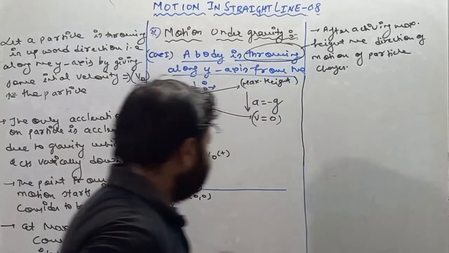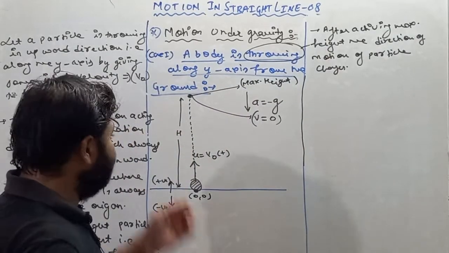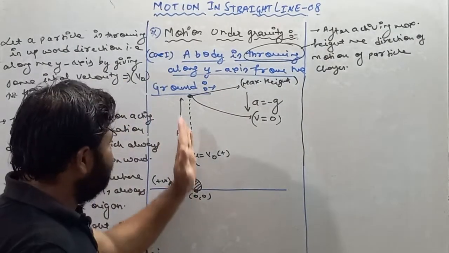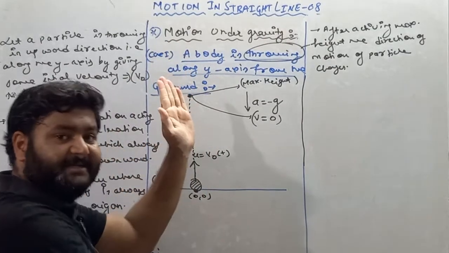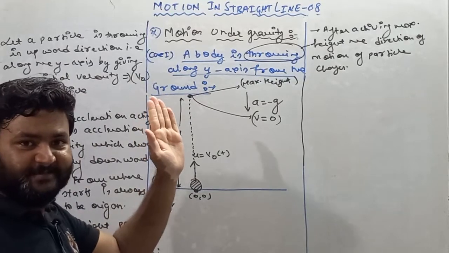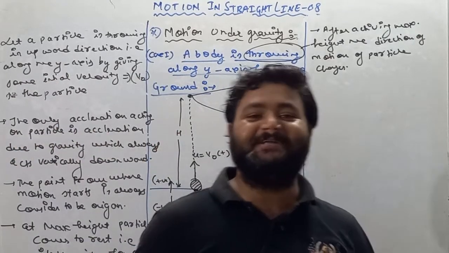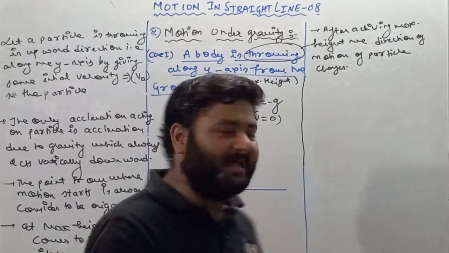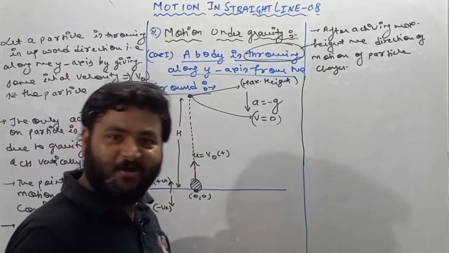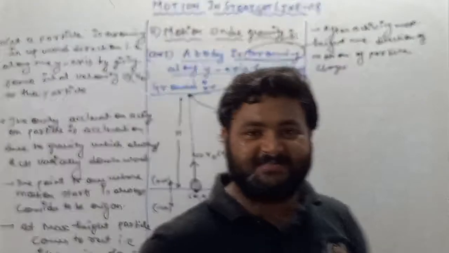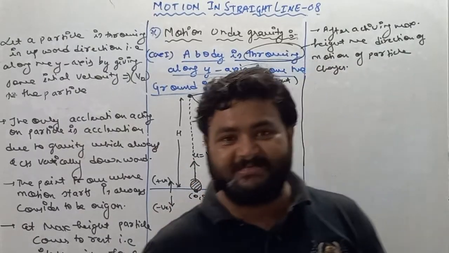That's why, one more thing I'll tell you: the particle is moving in the upward side with some velocity and acceleration is continuously in the downward direction. So if acceleration is continuously in the downward direction, it implies the direction of velocity and acceleration is different, or we can say the direction of velocity and acceleration is opposite to each other.